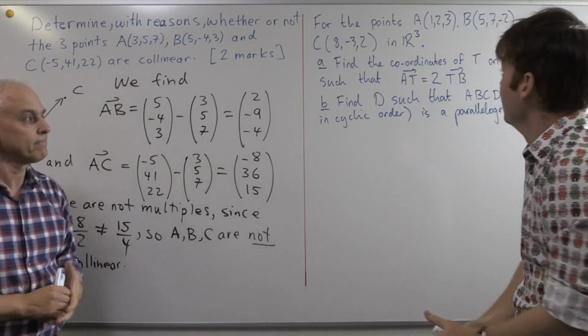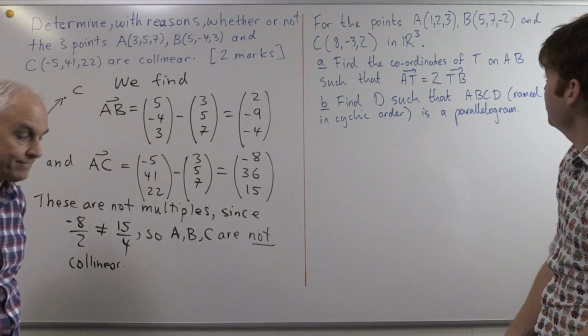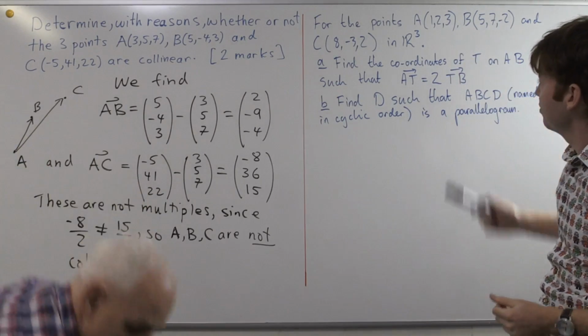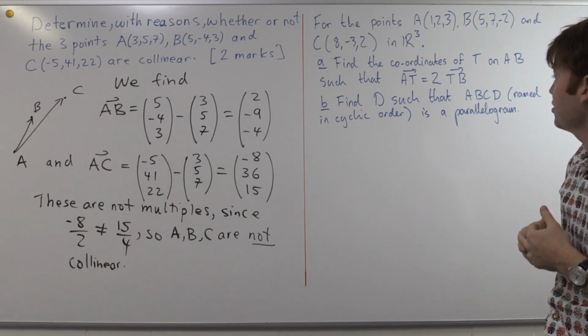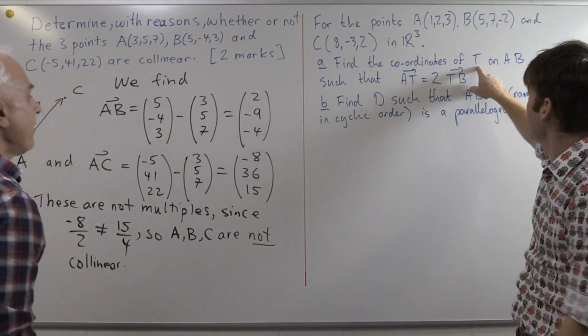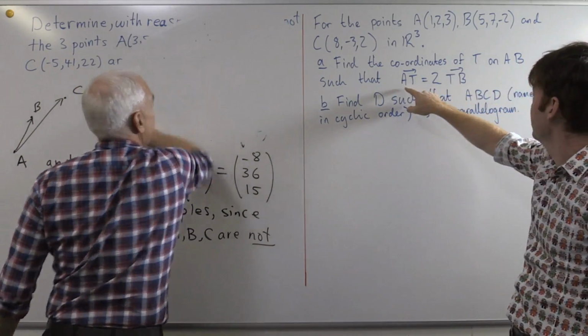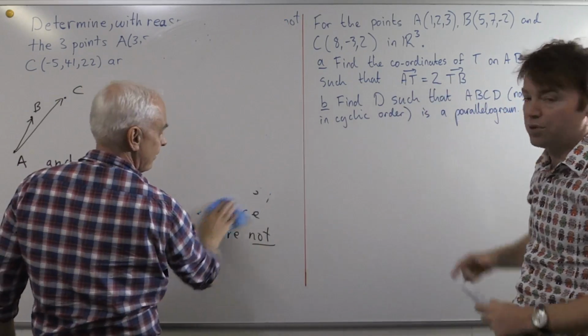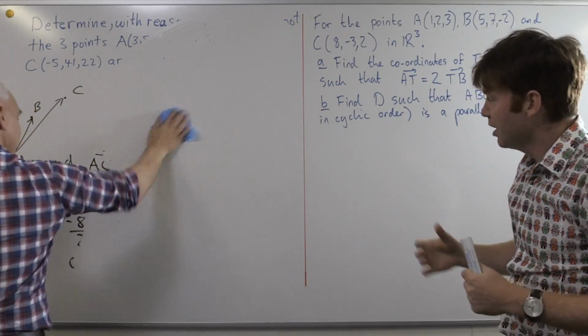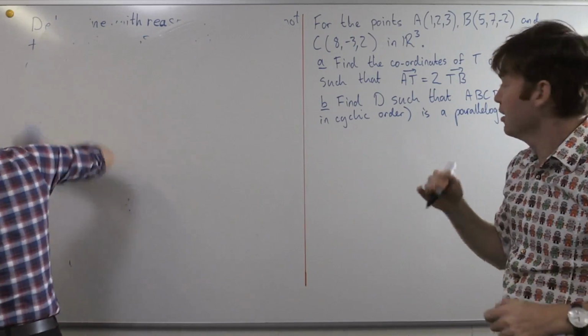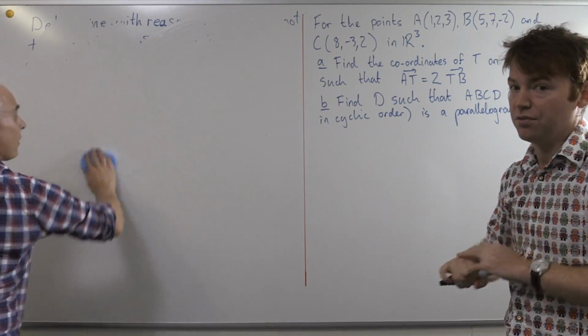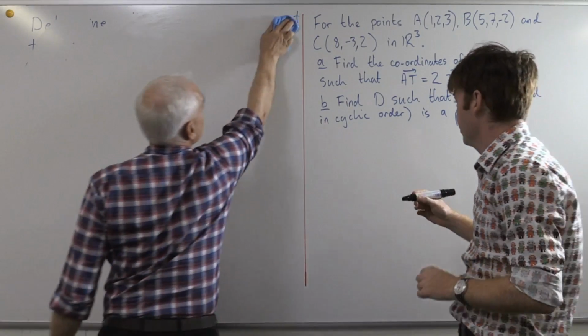Okay, for the next question we have 3 points from R3 and we're asked to find the coordinates of some other point T on the line AB such that AT is equal to 2TB. You might like to draw a diagram for this. I'm going to straight up just do the algebra of this question.